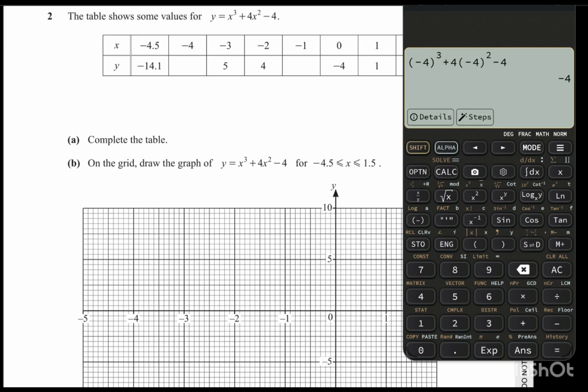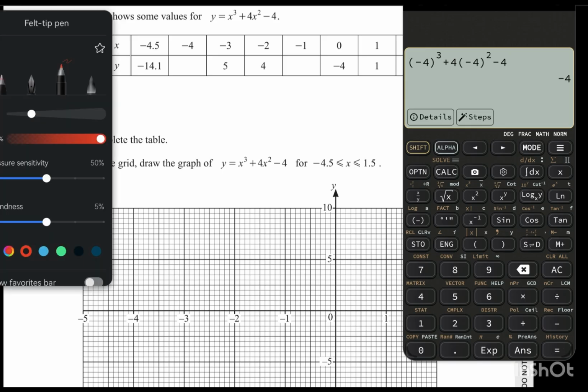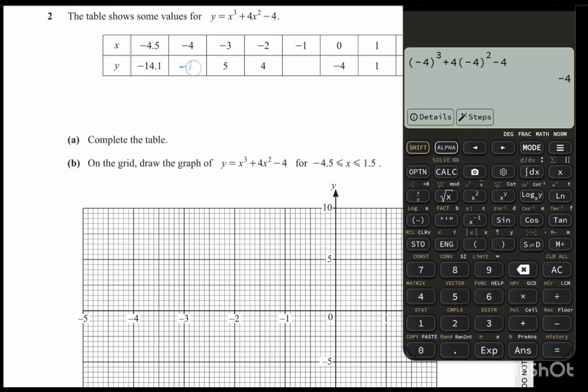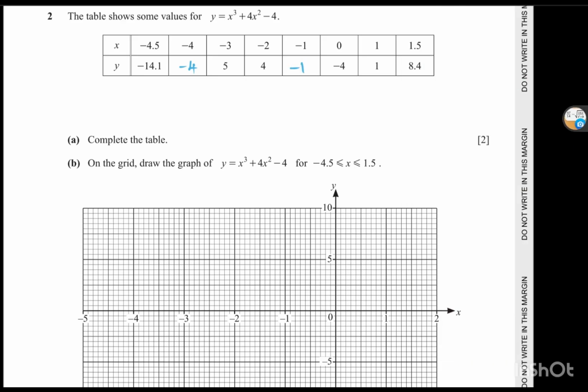So y value is minus 4. Then the minus 1, you have to just change these values. We get minus 1 as y. So this is done. Complete the table is done.